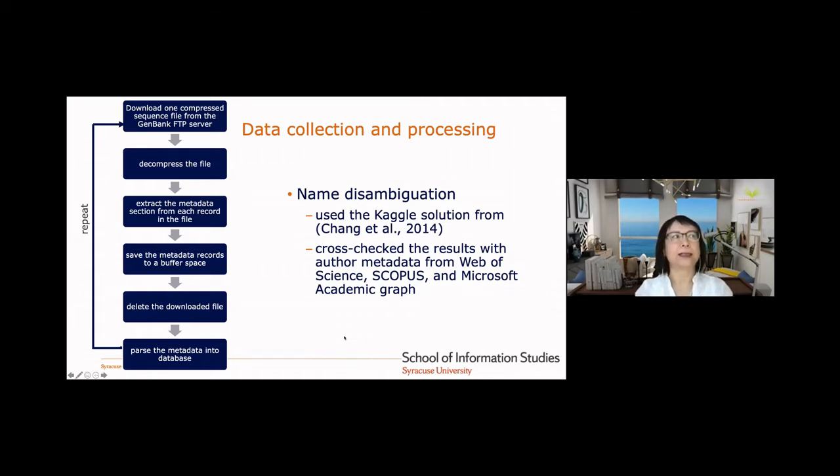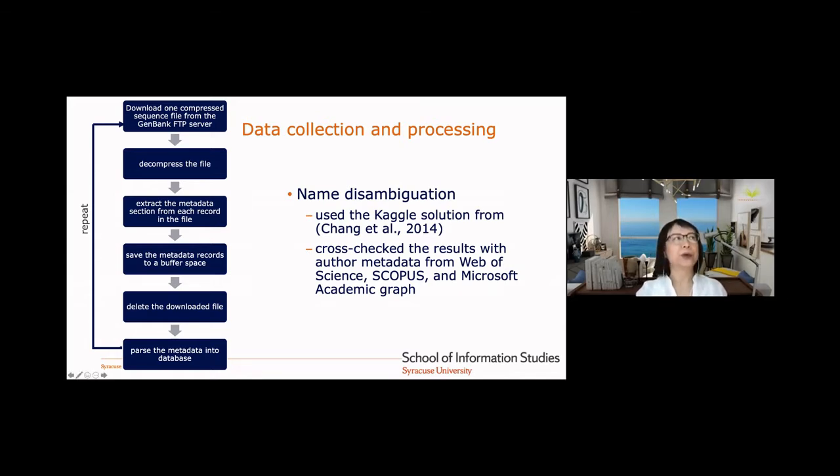In collecting the data, we had a workflow which is completely computational. Python code was written to first download one compressed file. If you go to the GenBank FTP server, there is a very large number of zipped or compressed files, some for the index, some for DNA sequence.